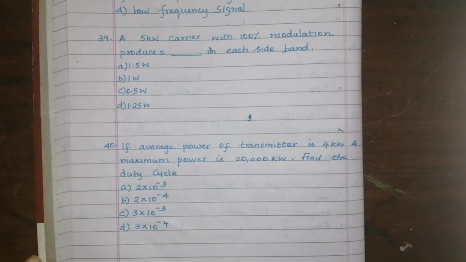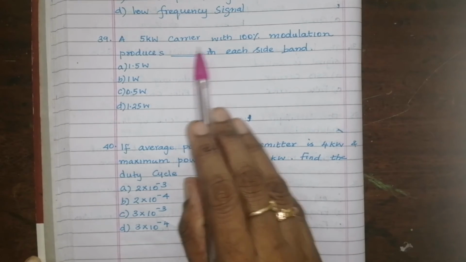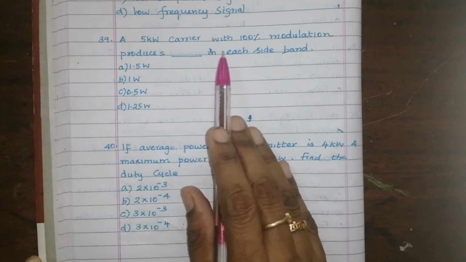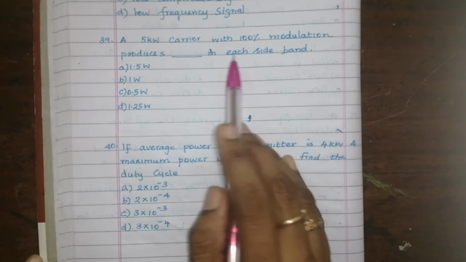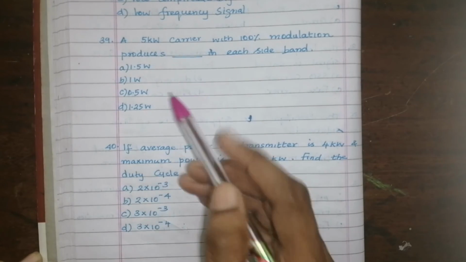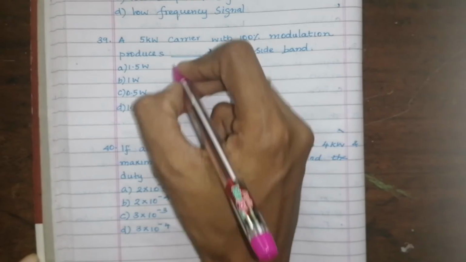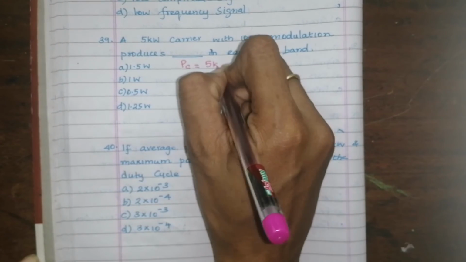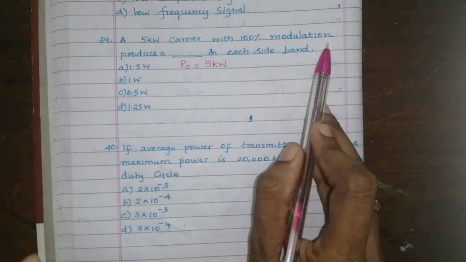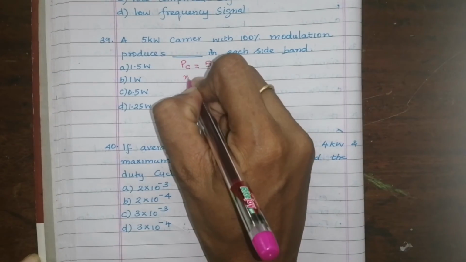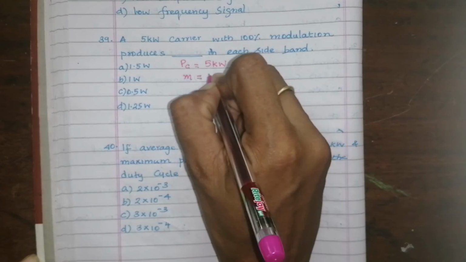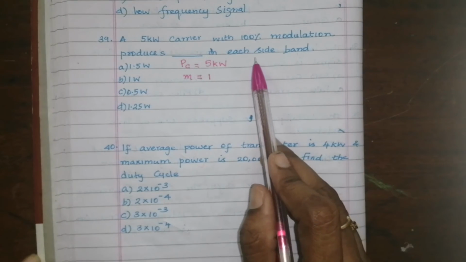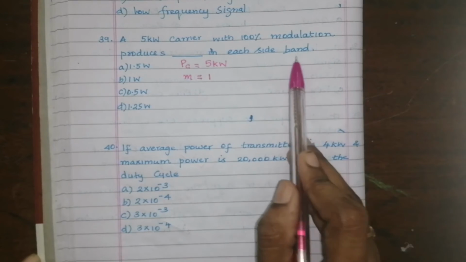Next question is, a 5 kilowatt carrier with 100% modulation produces dash in each sideband. The data given in the question is carrier power. Carrier power is given, that is PC is equal to 5 kilowatts. And the 100% modulation is given. For 100% modulation, the modulation index is equal to 1. We have to calculate how much power is produced in each sideband.